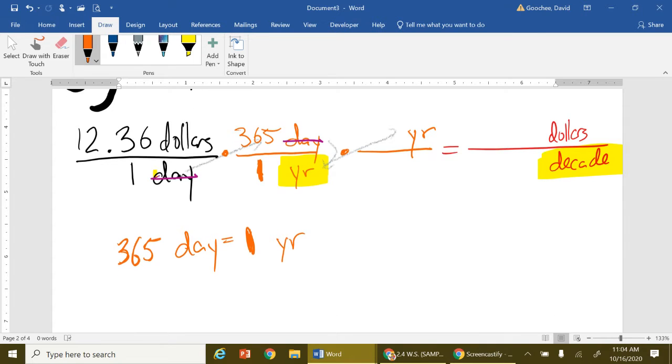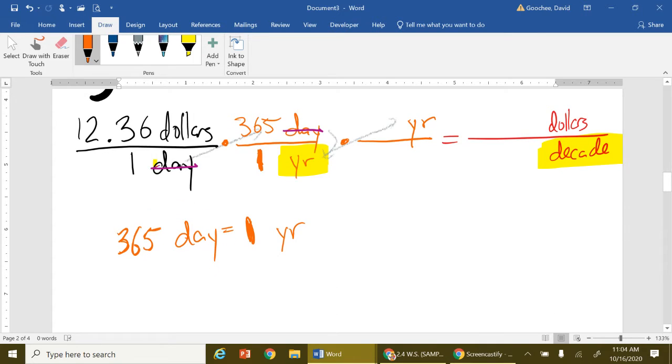Now, do we know the relationship between years and decades? I hope so. What is a decade? A decade is 10 years. So we can go from years into decades.